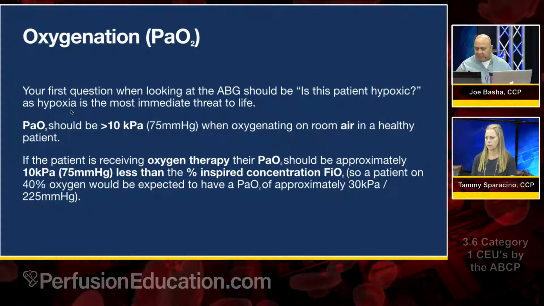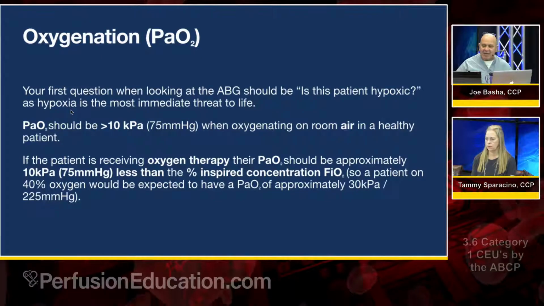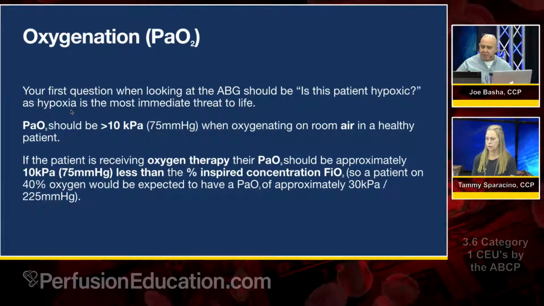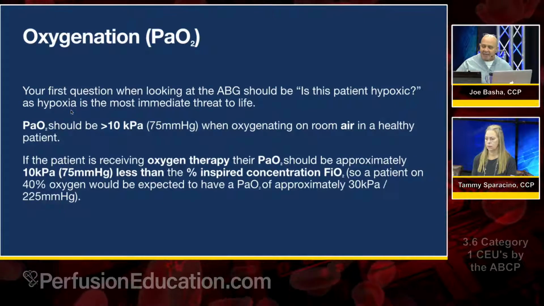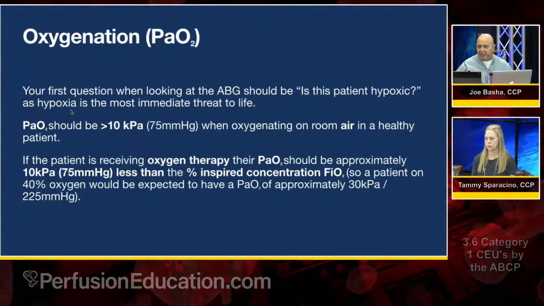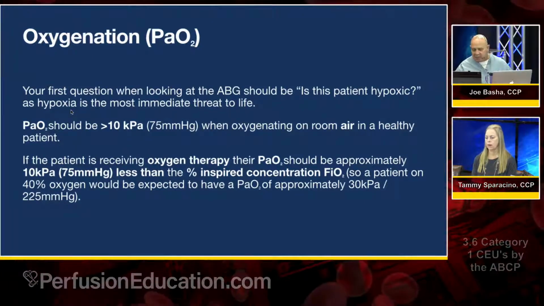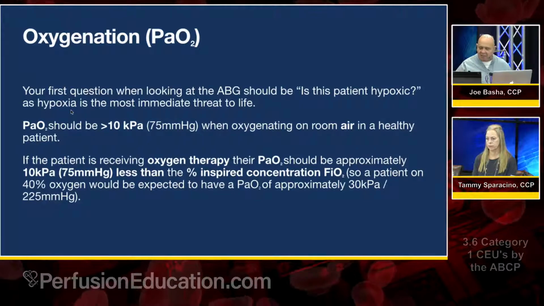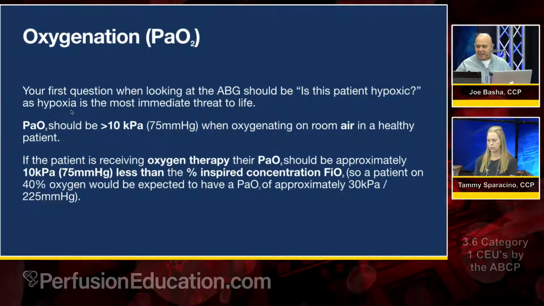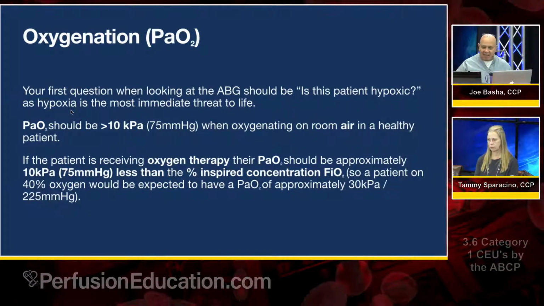So, to give you an example: if the patient is on 40% oxygen, you expect the PaO2 to be 10 minus that in kPa, 30 kPa. And then you can calculate what 30 kPa actually means, which would be 225. So for those people looking at that going, well, that doesn't make any sense: no, it doesn't make any sense in millimeters of mercury. It only makes sense in kPa.